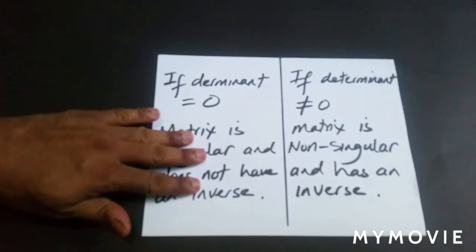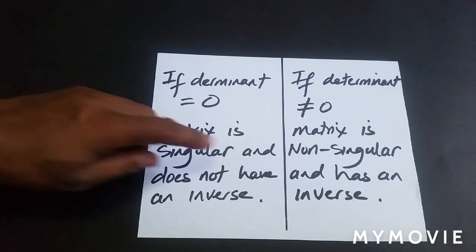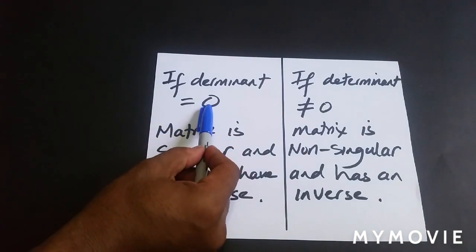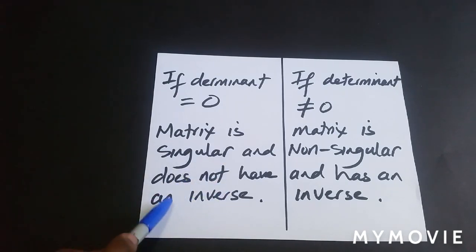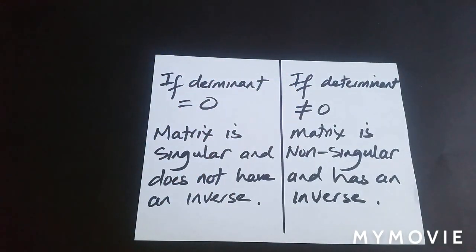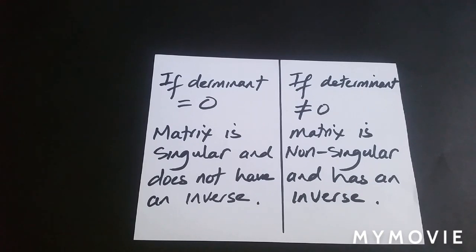So, let's take a look at this. If the determinant equals 0, the matrix is singular and does not have an inverse. If the determinant is not equal to 0, any other value, then the matrix is non-singular and it will have an inverse.